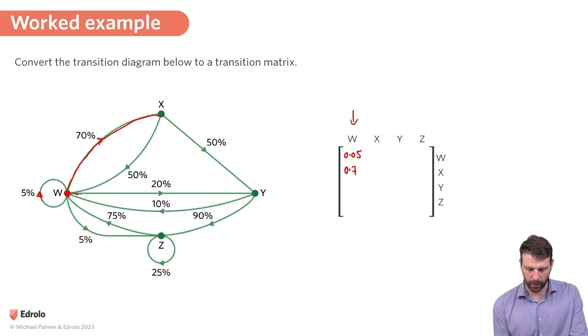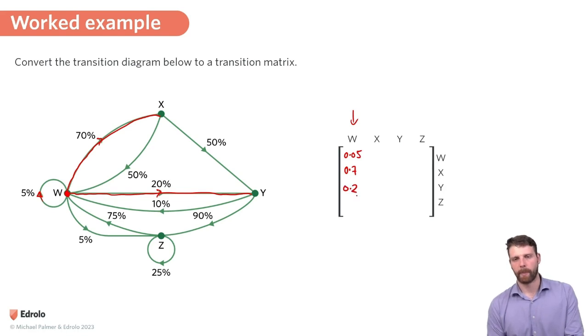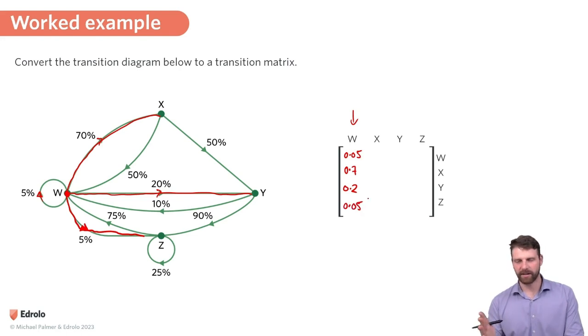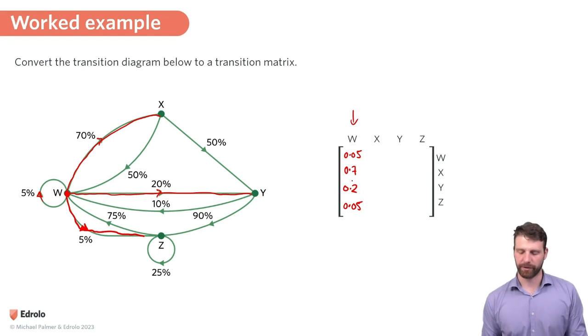And I can see that 20% flows to Y, so I'm going to put 0.2 there. Does any flow to Z? Yes, it does. We've got 5% flowing to Z, so 0.05. I'm going to stop there and check that it all adds up to 1. So 0.05 plus 0.05 is 0.1, plus 0.2 is 0.3, plus 0.7 is 1. Yep, that's looking pretty good.